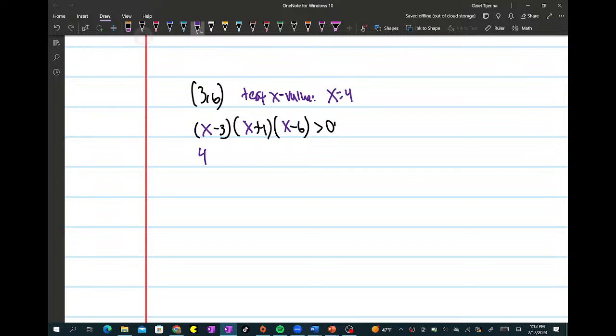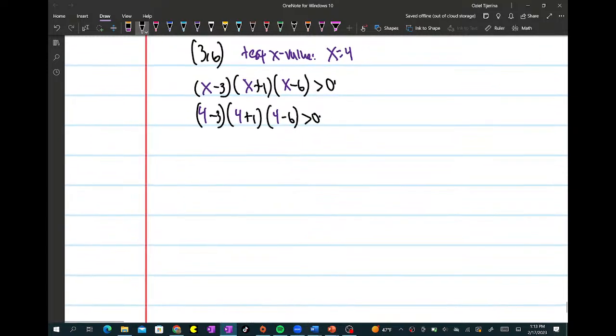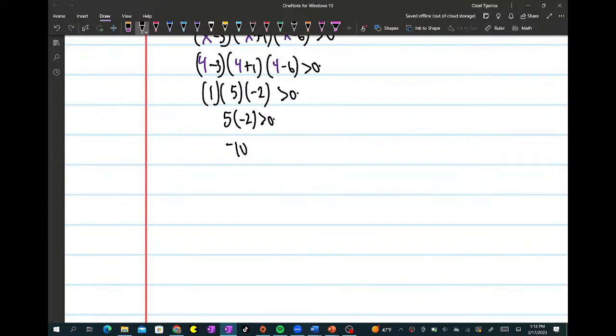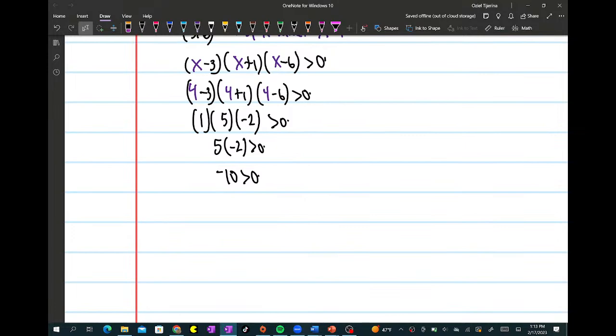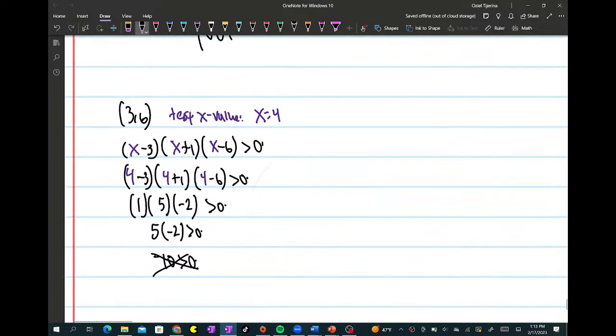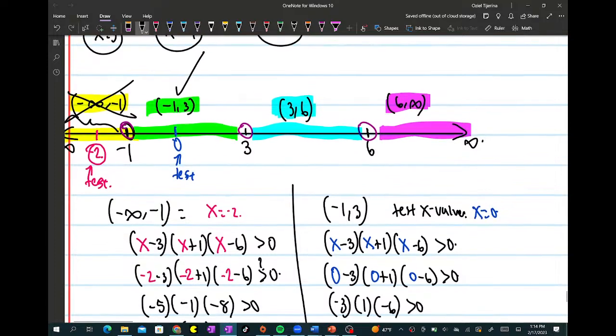So I have 4 minus 3 times 4 plus 1 times 4 minus 6 greater than 0. This becomes 1 times 5 times negative 2 greater than 0. This becomes 5 times negative 2 greater than 0, which is negative 10 greater than 0, right? And obviously that doesn't work. That's not true. So from 3 to 6, this does not work.